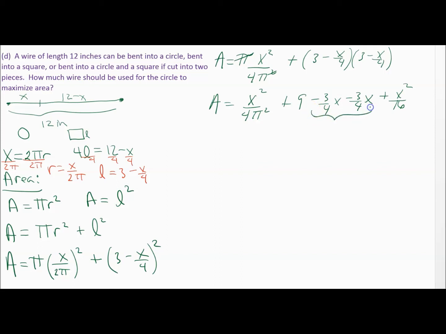Now, got some like terms here. So I have A is equal to, how about we write this as 1 over 4 pi squared times X squared. Look, there's another X squared over here, so plus X squared over 16. And then here, I'm going to write these two guys as minus 6/4 X, combine like terms, and then plus 9.